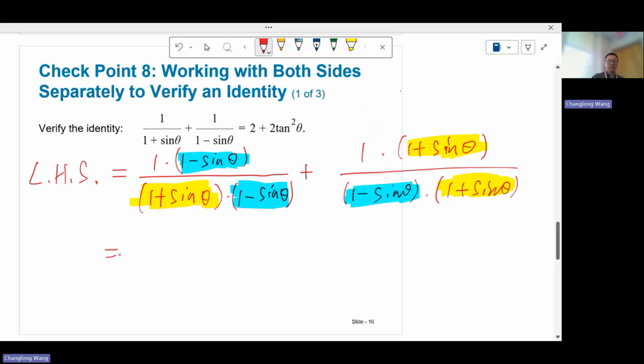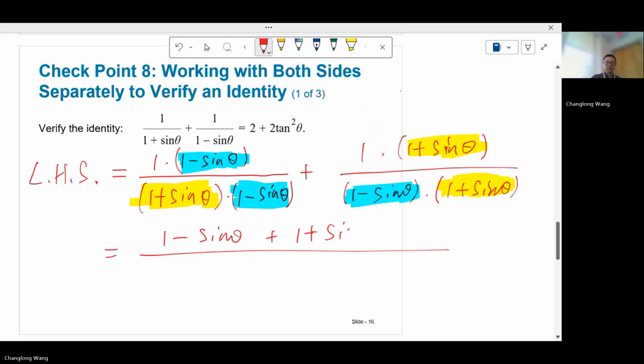So now the next step is obviously combining the numerators. Now, in this case, we don't have to FOIL anything yet, right? Because 1 multiplying anything is trivial. So you're going to go with 1 minus sine theta plus 1 plus sine theta over 1 plus sine theta times 1 minus sine theta, which is, as you can tell, the common denominator.